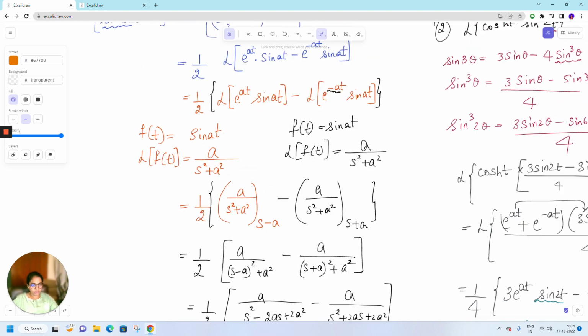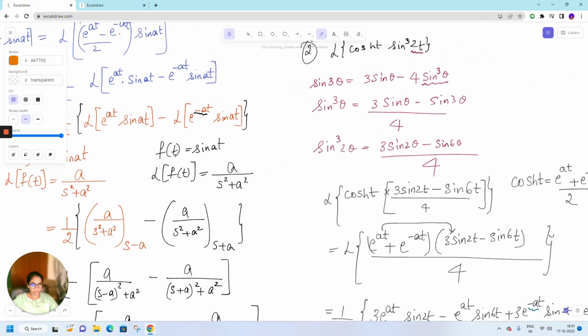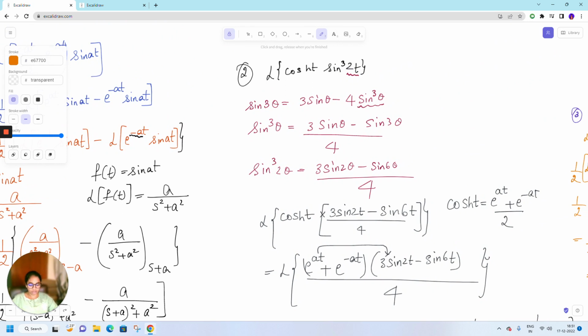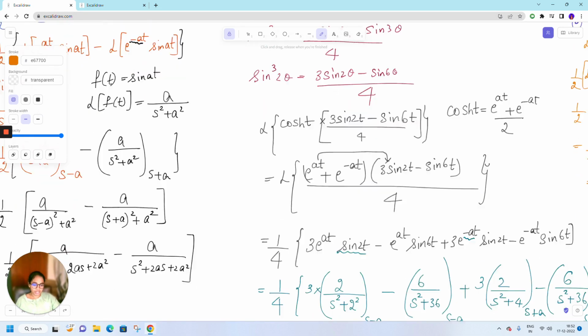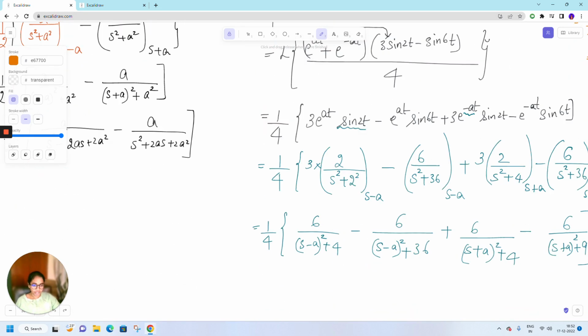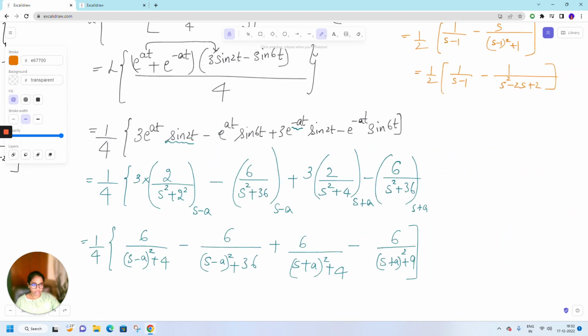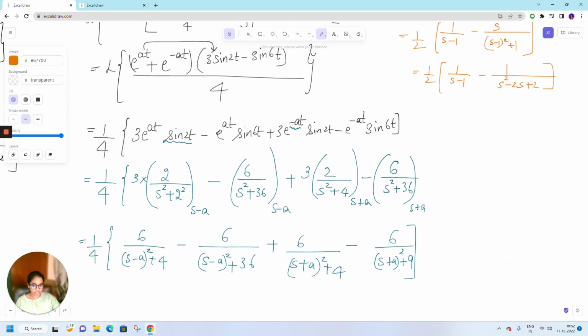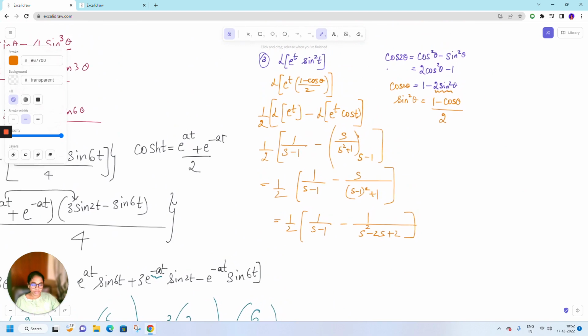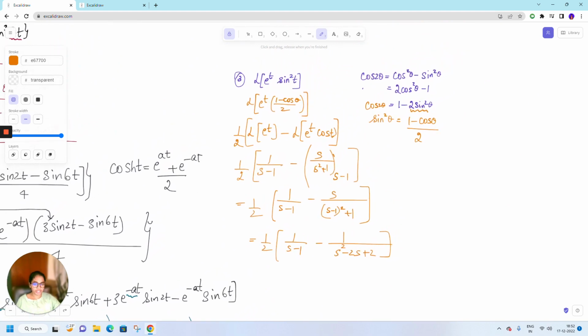Moving on to our next problem, we had sine cube 2t. So I applied sine cube theta formula and then simplified a little bit and then applied Laplace transform and we arrived at this. Moving on to our next question, that was e power t sine square t.